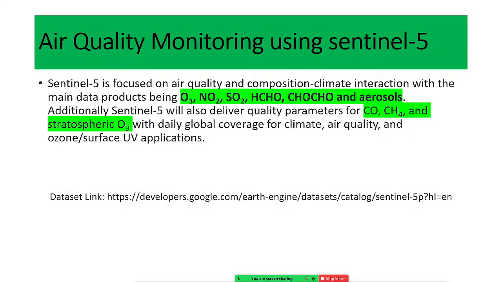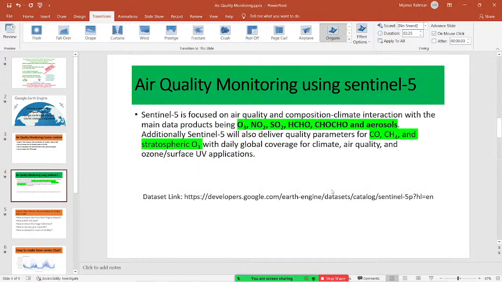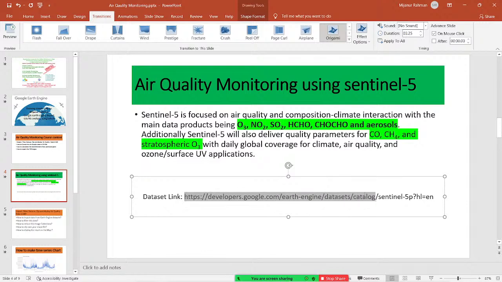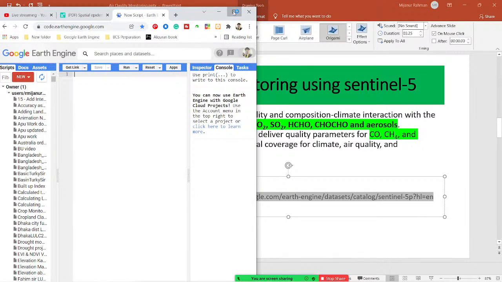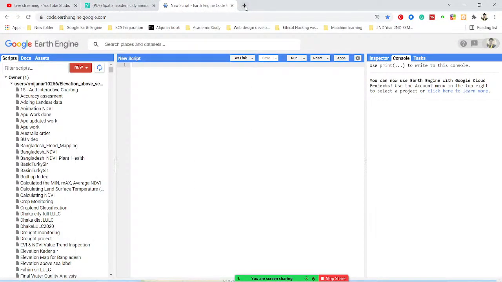This is the main dataset link. I simply copy this link and open it in my browser, and I will also provide you all the slides and course material so that you can easily practice.